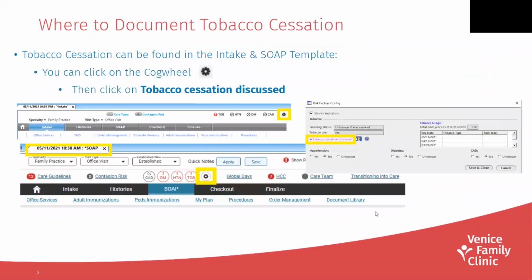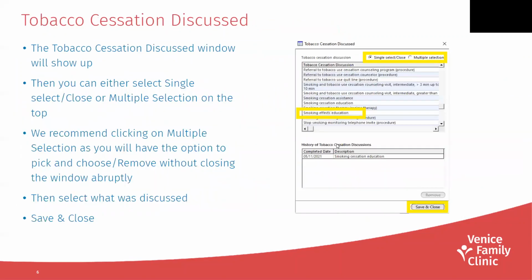It's similar for the tobacco cessation. The configuration wheel is located again in intake and in SOAP. Once the risk factor configuration window opens up, you want to select the tobacco cessation discuss hyperlink to your left-hand side. From here, the tobacco cessation discuss window will then open for you, and from here you can select single select close or multiple selection.